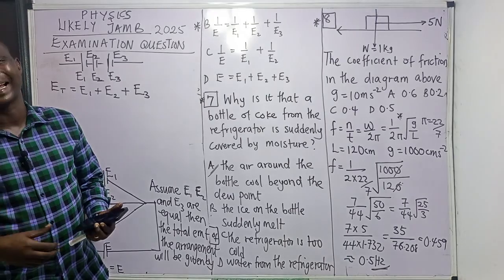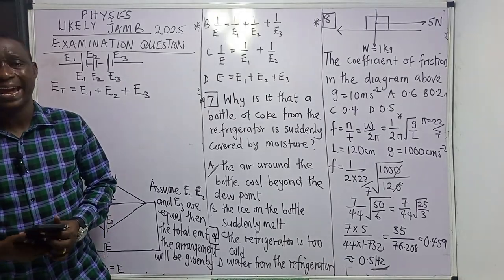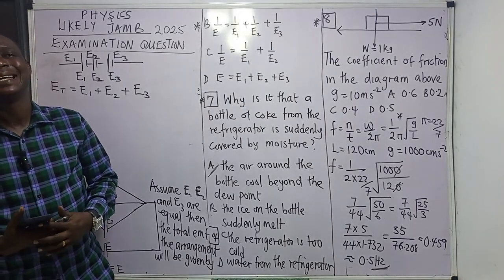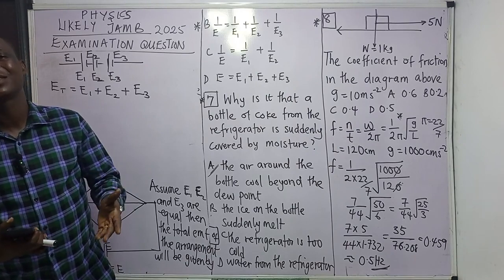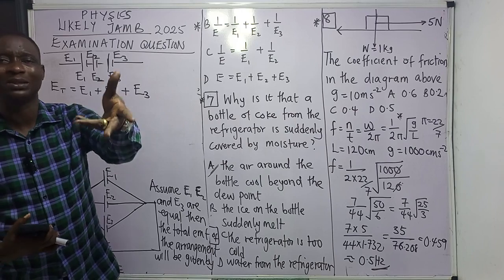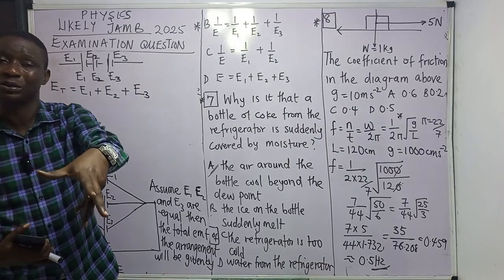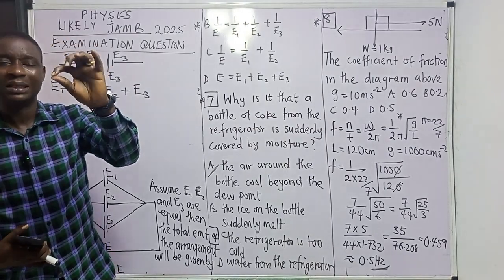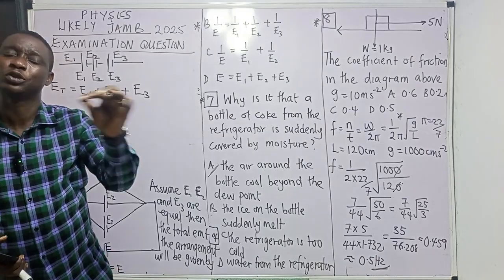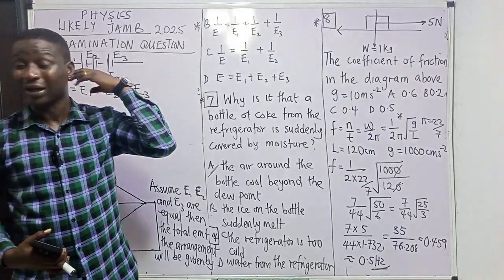And when they condense like that, it is because the surrounding air is less cold than the bottle. The bottle itself is cold, having a lesser temperature than the surrounding air.